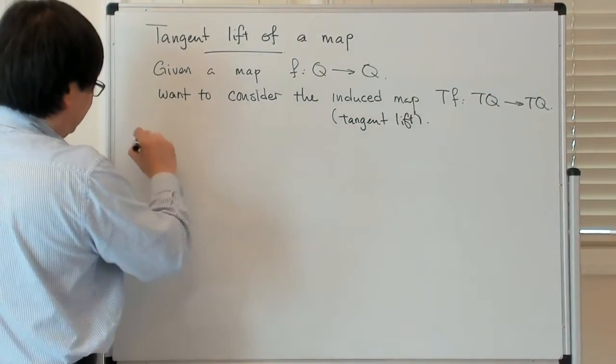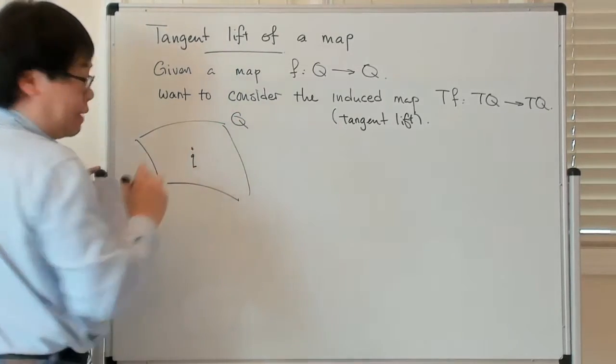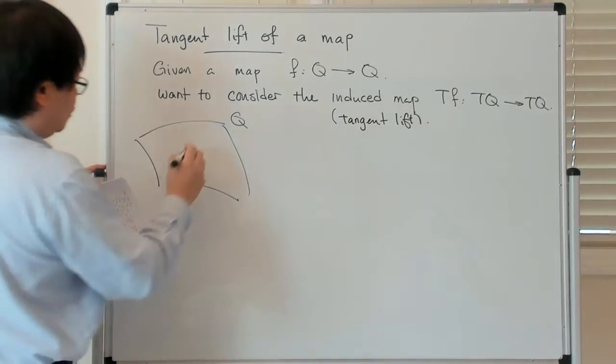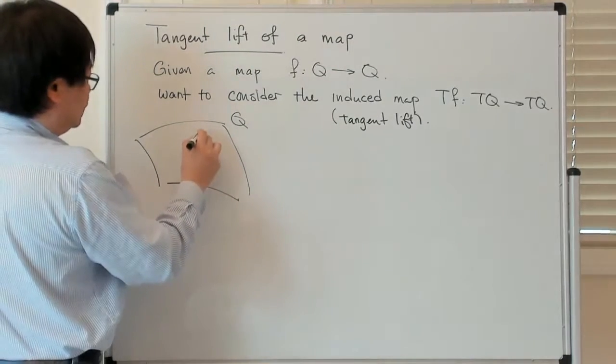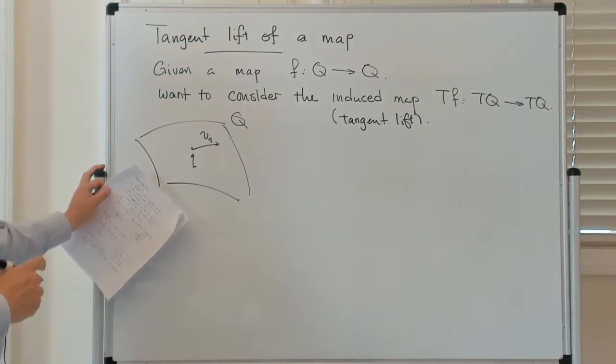The basic idea is the following: you have a manifold Q, and a point on the manifold, little q, and a vector, let's say v sub q, based at that point.